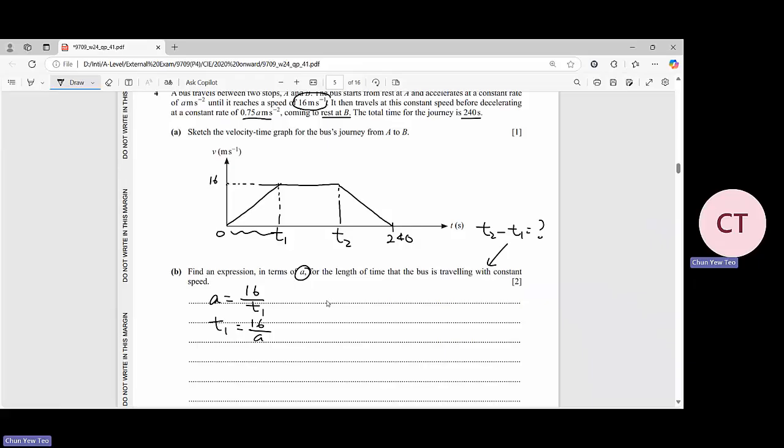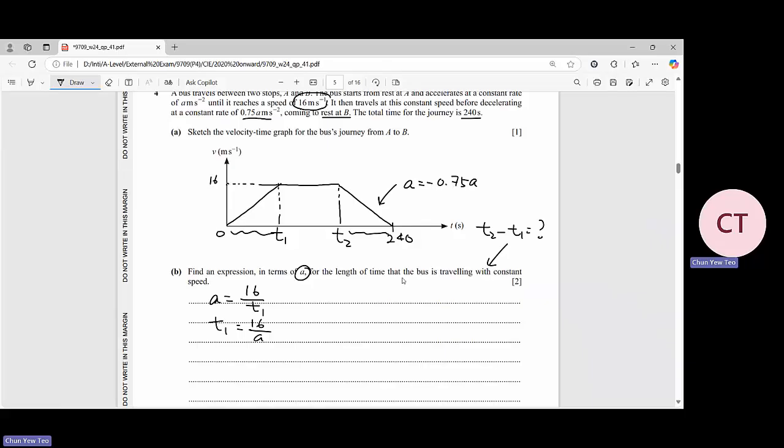And for the last stage over here, we know that the deceleration is 0.75a, but it's negative because it's deceleration.